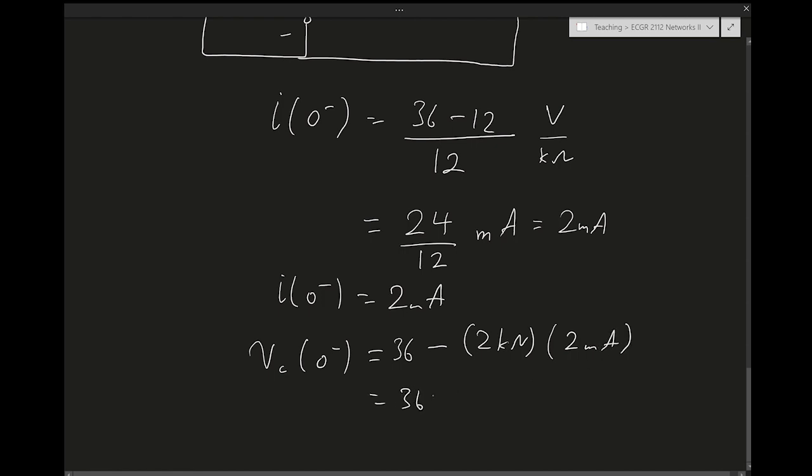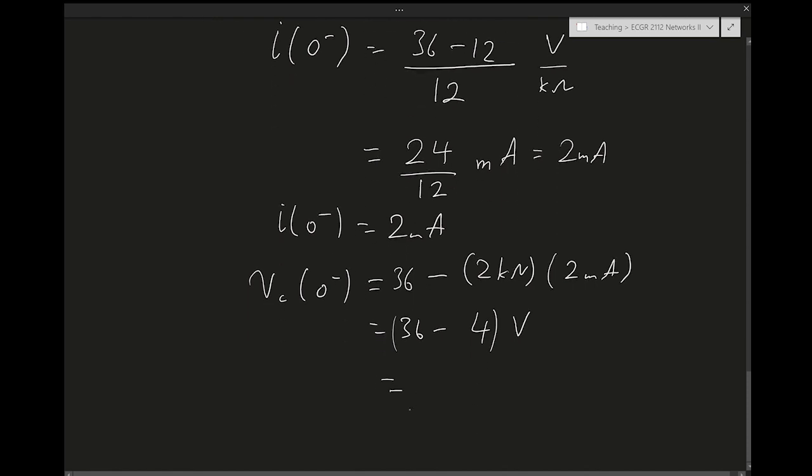Right, so it's going to be 36 minus 4, the K goes with the milli, we end up with volts. 36 minus 4 volts. So that's going to be 32 volts. So that's VC(0-) equals 32 volts. This value is going to carry over to after the transient. This is going to be equal to VC(0+).